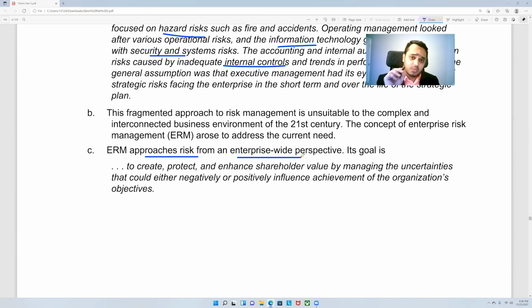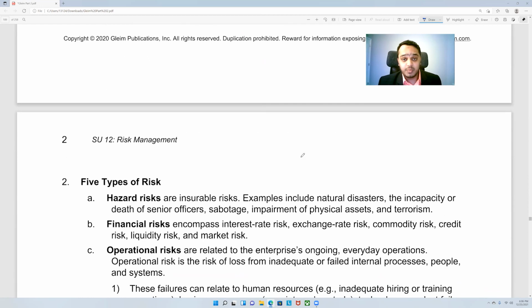So it's not just one perspective, like the hazard or physical risk, or the IT risk. It is an overall risk. Enterprise risk management is the overall risk which the enterprise is going to face, and how it can respond to it.